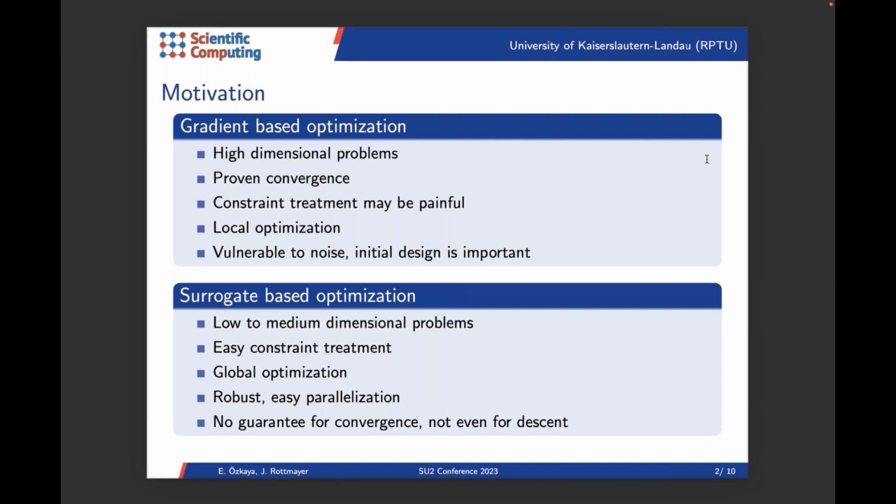And another issue is that constraint treatment may be painful in some cases, right? Many algorithms require, for example, constraint gradients. In the SU2 setting, at least for many objective functions, you can evaluate the discrete adjoint and get the gradients. But the problem happens, for example, when you have third-party code in your evaluation chain, and you have just a black box, some software, right?